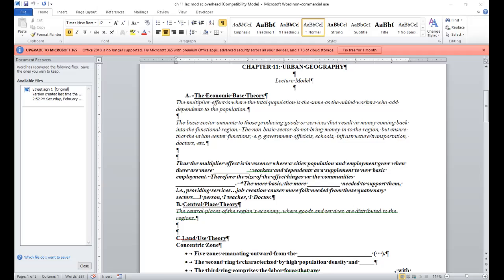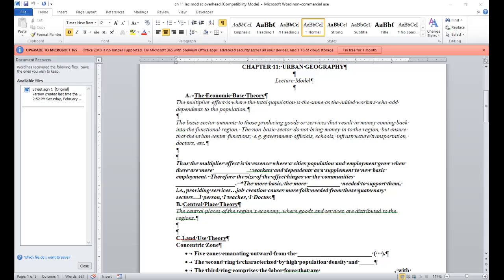Turn to page 309. Let's take a look at Walter Christaller and his central place theory. Central place theory posits, and you can see your illustration here, a set of nodal points from which goods and services are dispensed to a surrounding hexagonal market area or hinterland.